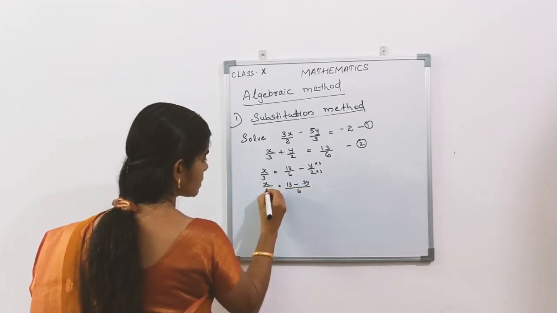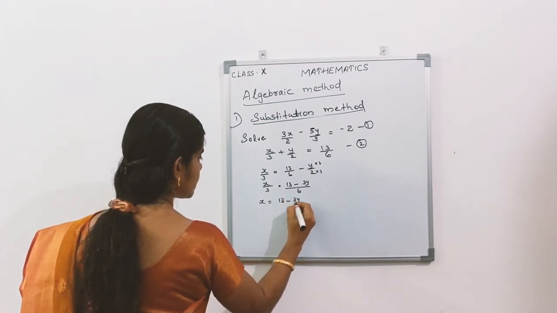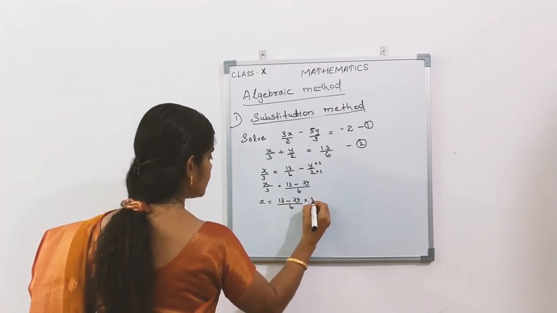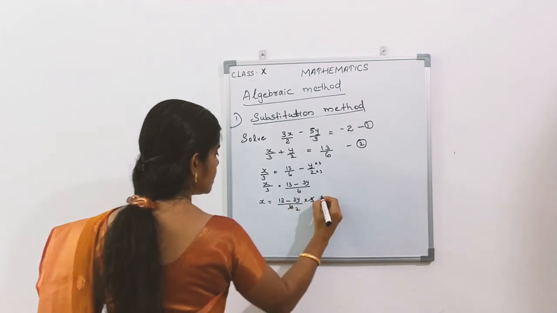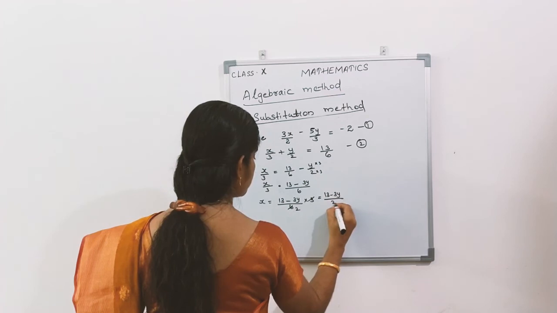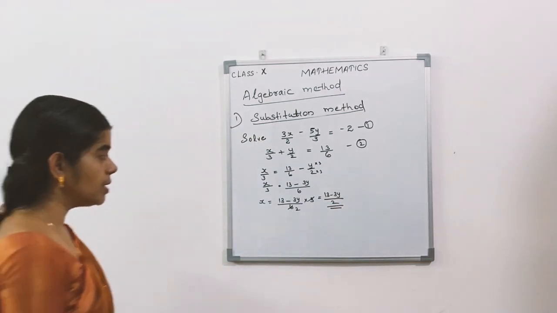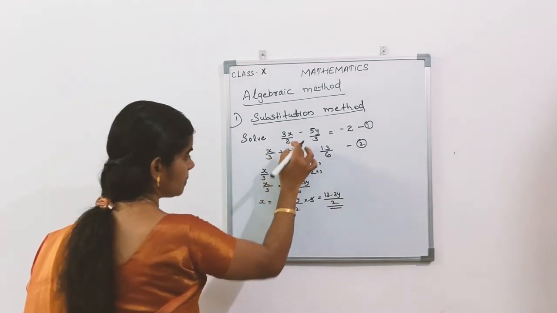Here it is x by 3, therefore x is equal to (13 minus 3y) by 6 into 3. We can cancel this. Therefore x is equal to (13 minus 3y) by 2. The x value you got is (13 minus 3y) by 2, and that you want to substitute in equation number 1.